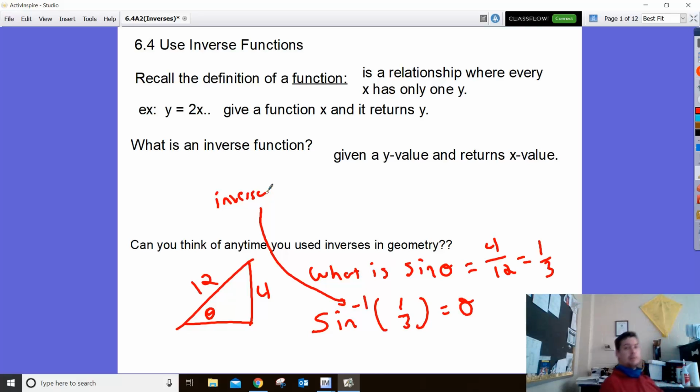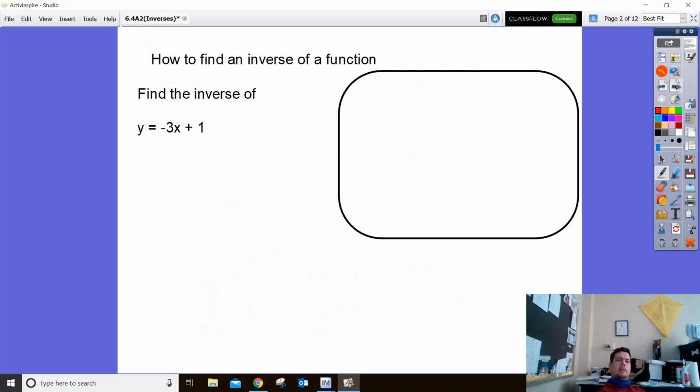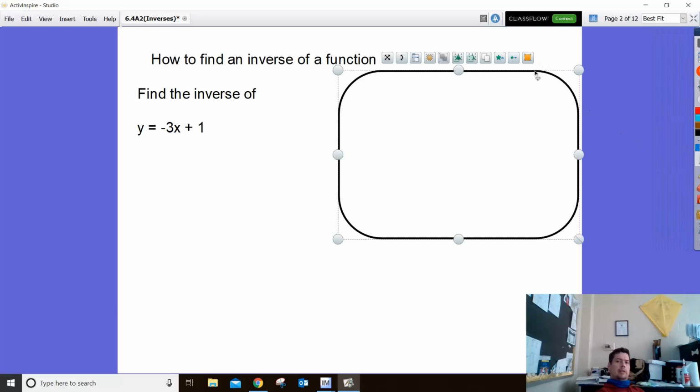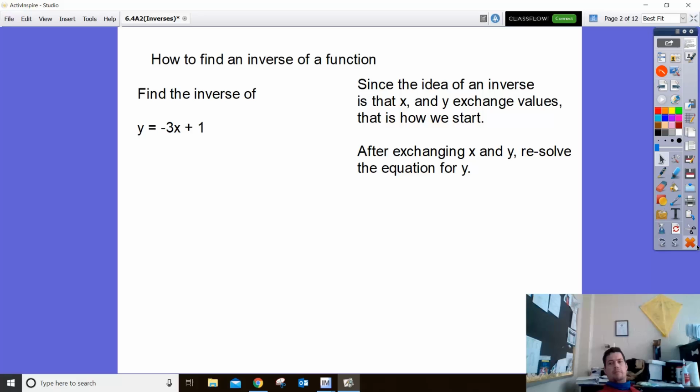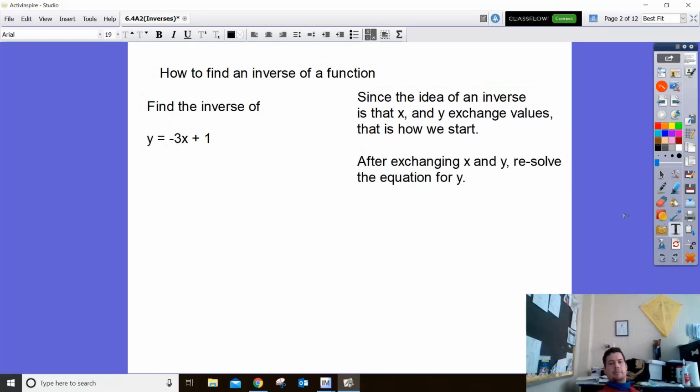The goal of today is to write the inverses. There's a lot more in this section. This is actually the full lesson. We actually learn how to write inverses. But here's how you find the inverse of a function. It's really simple. Since the idea of inverse is that x and y exchange values, that is how we start. After we exchange x and y, we resolve it for y.